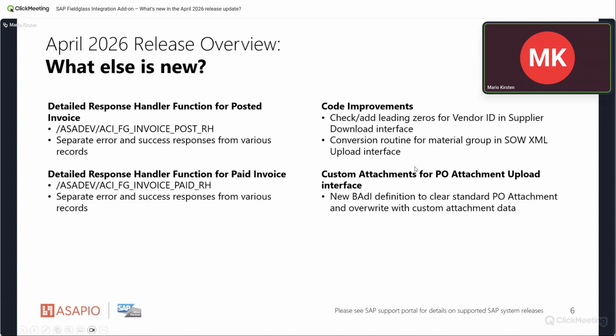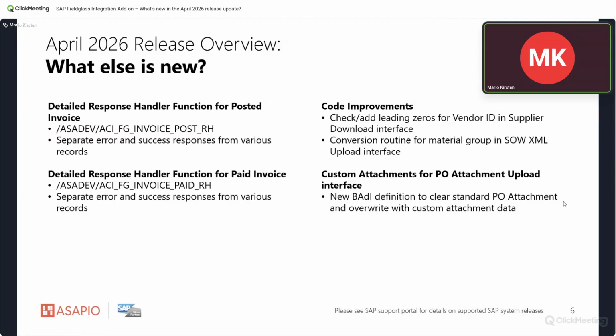And then we have an improvement for the interface that is loading the PO attachments into Fieldglass. Here we introduced a new enhancement spot within the standard interface that customers can now use to decide, okay, I want to clear whatever attachment is identified and coming out of the purchase order.